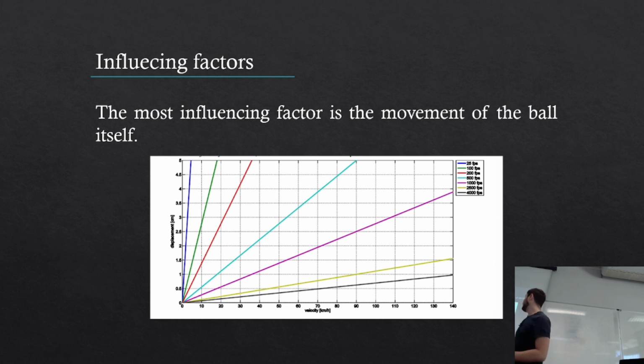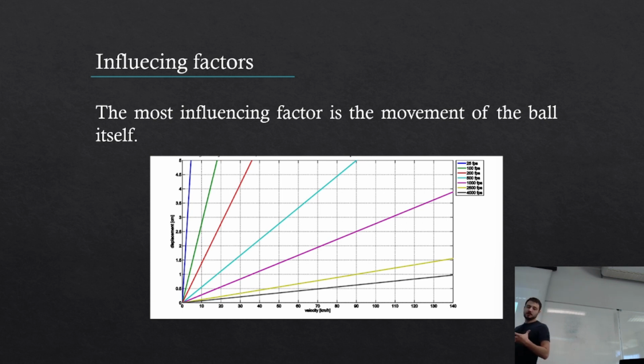These are some influence factors. The most important factor is velocity, because with more velocity, we need more frames per second, which means a more expensive circuit, expensive data, expensive signal.